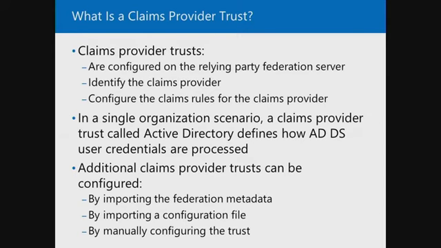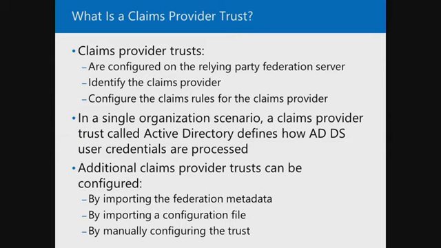Claims provider trusts are configured and available for use by the Federation server. It identifies which is your claims provider and configures those claims based on what the claims provider is saying, in this case Active Directory. In a single org scenario, the claims provider trust is called Active Directory, and that's where the information is built by those claims.